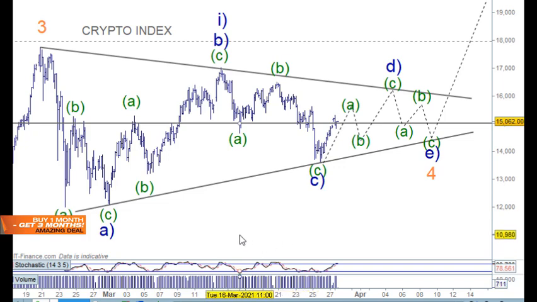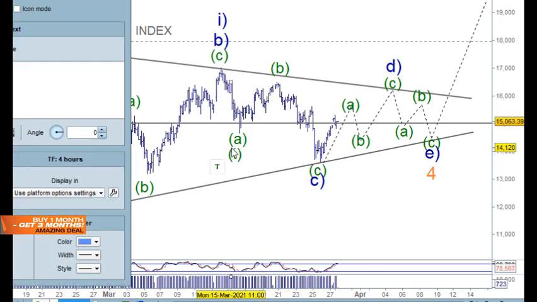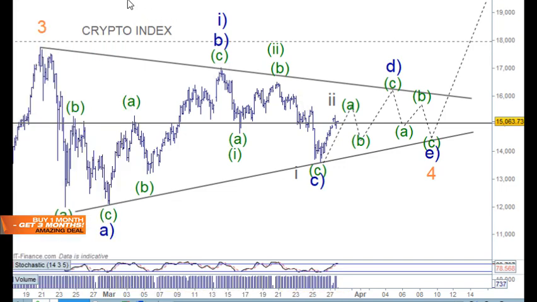I'll just use this chart here to present a few counts, because if we're going to be bearish from here, and this is with Bitcoin and Ethereum as well, we would need to see this as wave 1 and 2 here, and then we would also need to look at this down here as wave 1 and coming back for wave 2 here, and then moving down at that point.